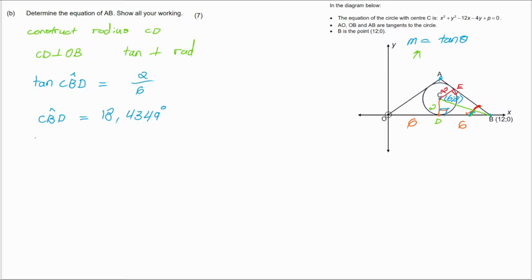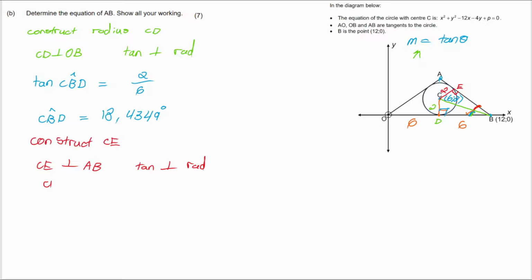Okay, so let me write my construction. Let's say I construct CB, I construct CE, and I have that CE is perpendicular to AB, and the reason there is tangent perpendicular to radius.